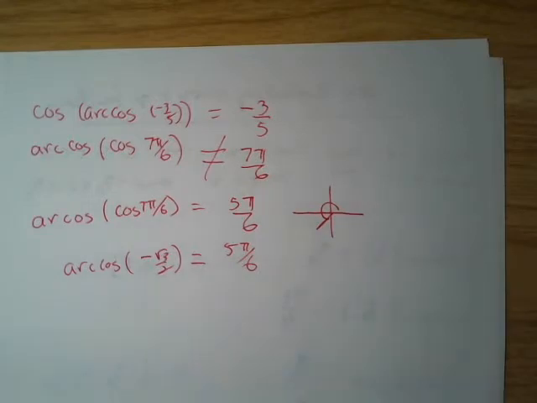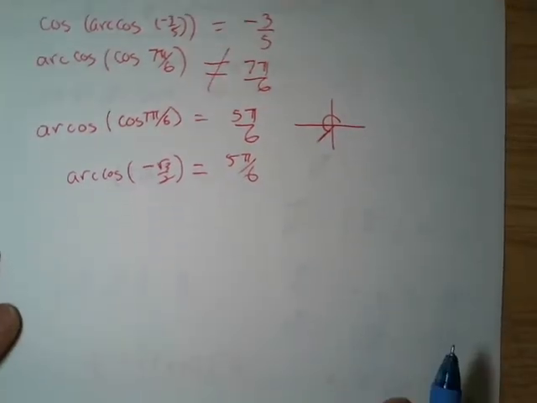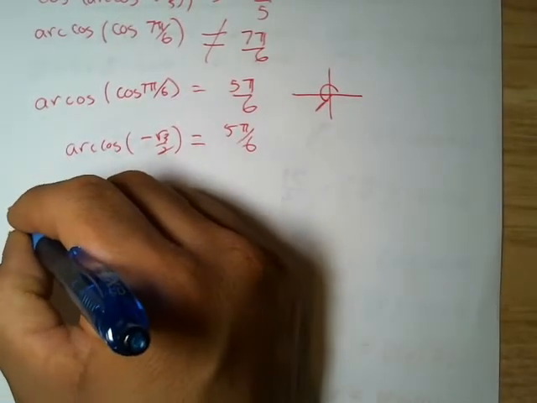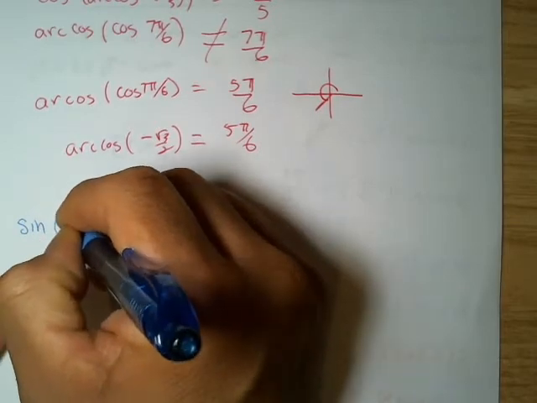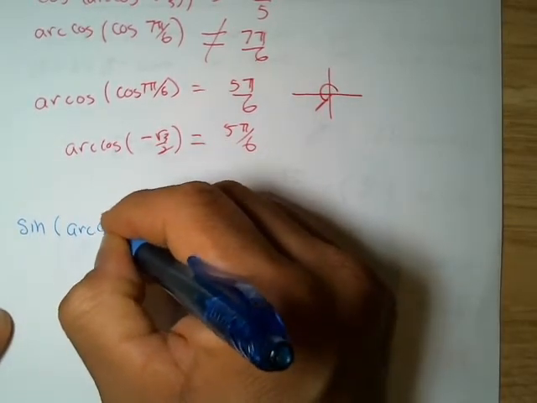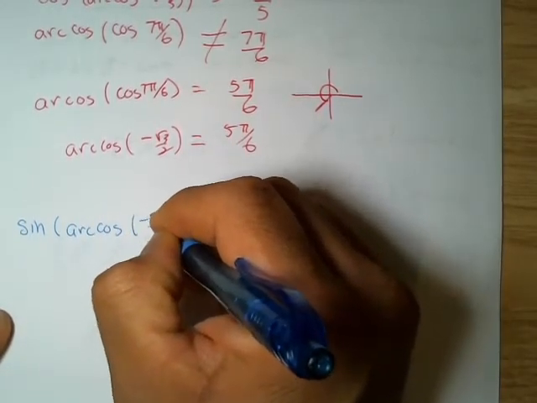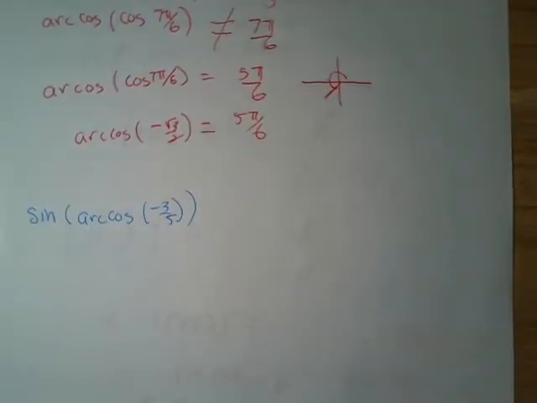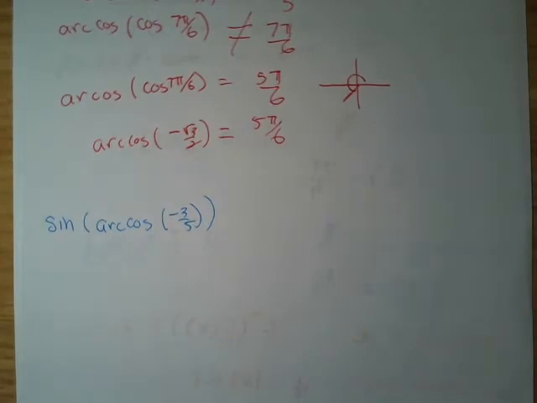Now, what about when we mix them up? So let's say, for example, we have, what is the sine of the arc cosine of negative 3/5? Here's how I want to think about this problem.